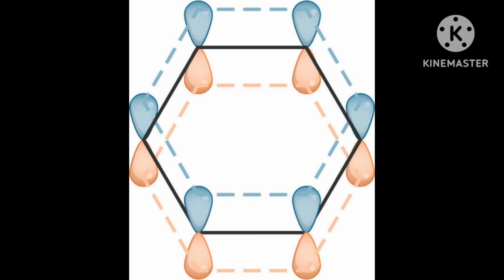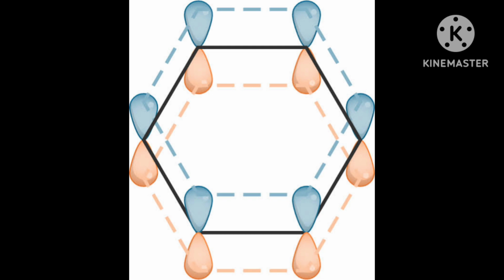And it is not fixed that only 1 and 2 will make a double bond, because adjacent to carbon 1, carbon number 2 is there and carbon number 6 is also there. You can count on the left side also: 1, 2, 3, 4, 5, 6, again 1.